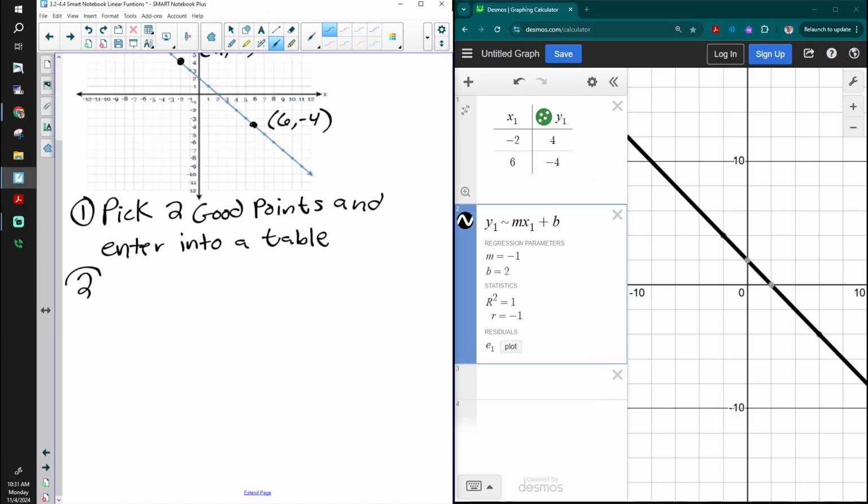Step 2. Cheat code. y1 squiggly mx1 plus b. I'm writing it over and over again so we never forget. M is -1.